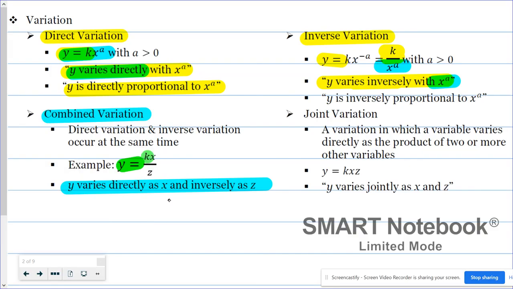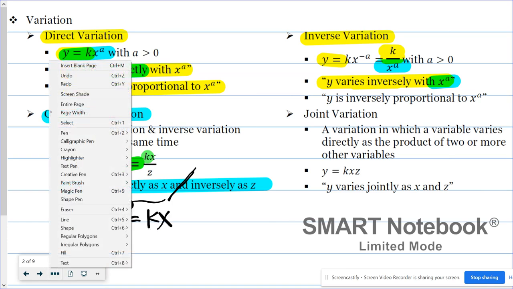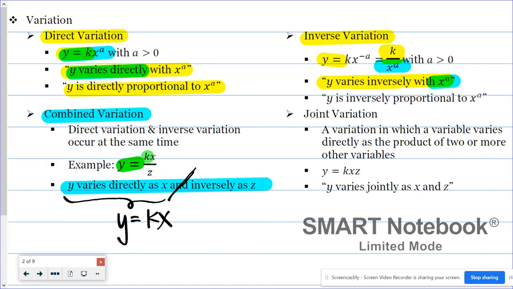So the y varies directly as x part is y equals k times x. And then when they say inversely as z, we do divided by z.